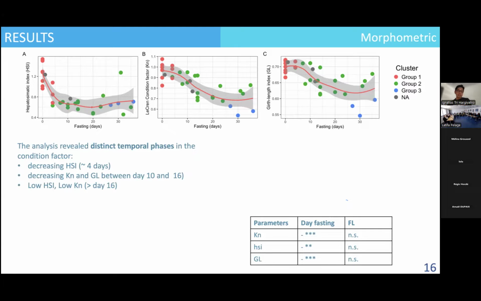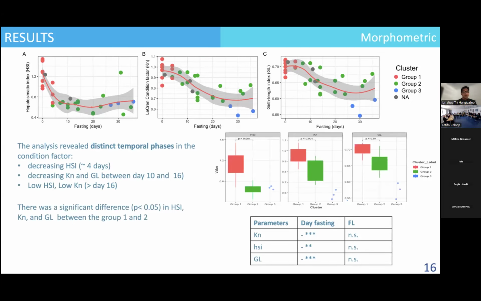First is the decrease in the HSI around day 4, then the decrease in KN and gut length from day 10 until day 16, and after day 16, the HSI, KN, and gut length are low. There was a significant difference in HSI, KN, and gut length between group 1 and group 2, and there is no effect of fish size on this result.